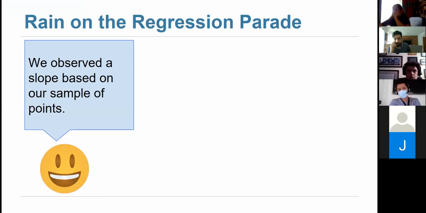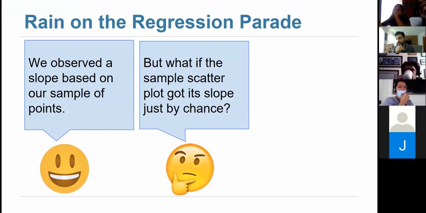So we observe a slope based on our sample of points, right? But the question is, what if the sample scatter plot got its slope just by chance because I'm sampling? I go to my population, I sample, and I calculate the slope of my regression line.